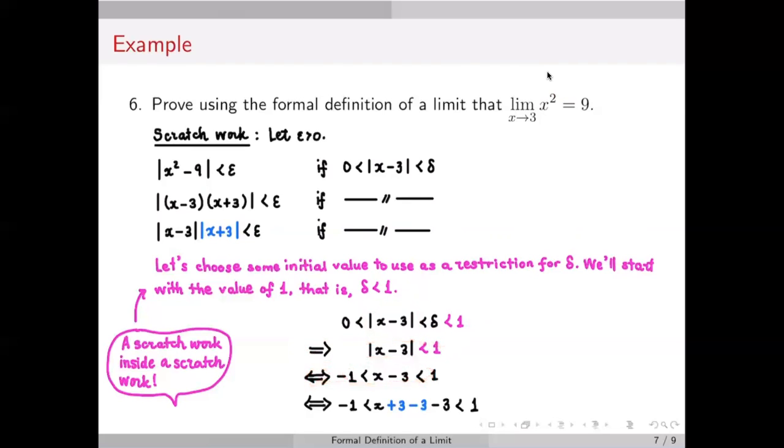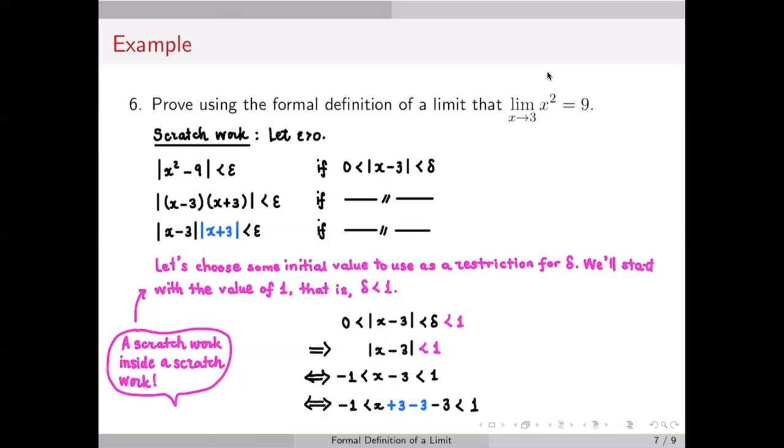Our goal is to extract this one out. Initially, we want to extract x minus 3 from this one here. There are two things that we are extracting: x minus 3 out of this, and x plus 3 out of this. Anyway, let's avoid convolution too much.